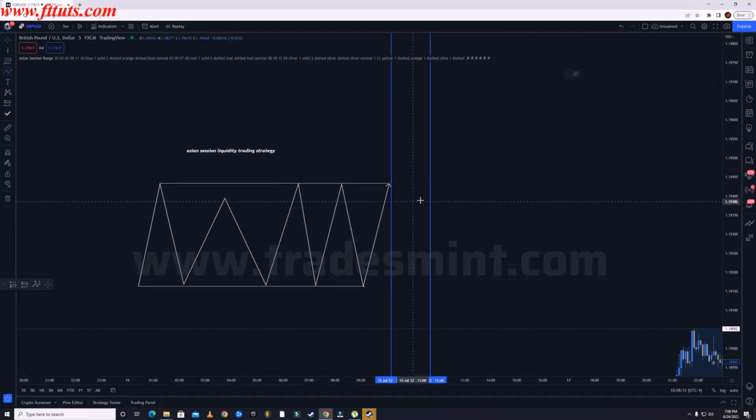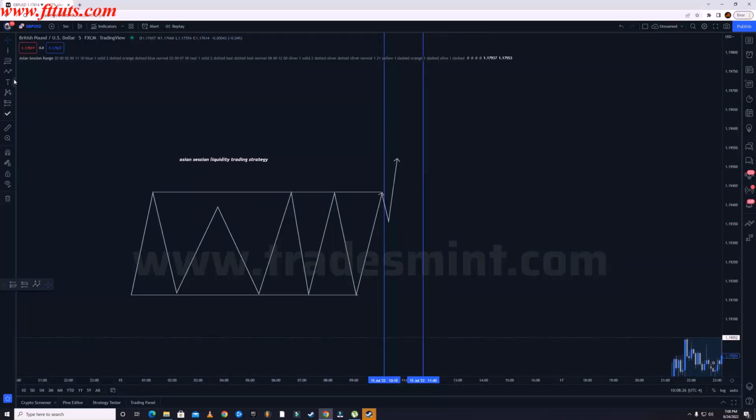Now during that break, I want the price to pull back and create another higher high or lower low depending on where the price is going. All right, and once it does that, what you want the price to do is to break or do a market structure shift, okay, or change of character, whatever you want to call it.